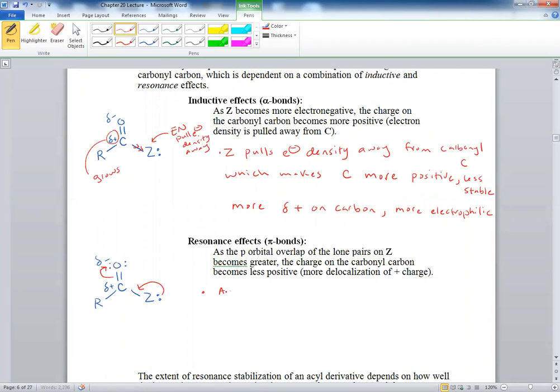So in this case, we say it adds electron density to the carbonyl carbon, which makes it less positive, more stable.